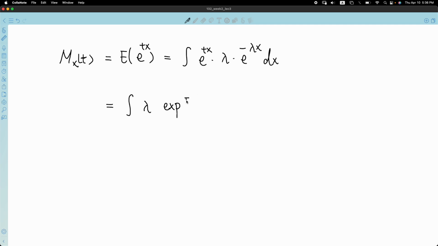Using the square bracket, negative, I'm going to write it this way: lambda minus t multiplied by x, closing the square bracket, dx. Do you agree with that? I'm just grouping the power for the tx and the negative lambda x into one expression.